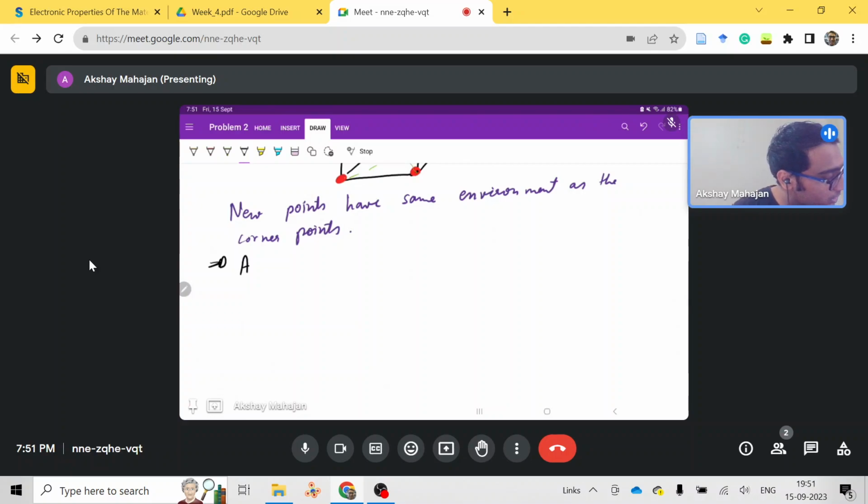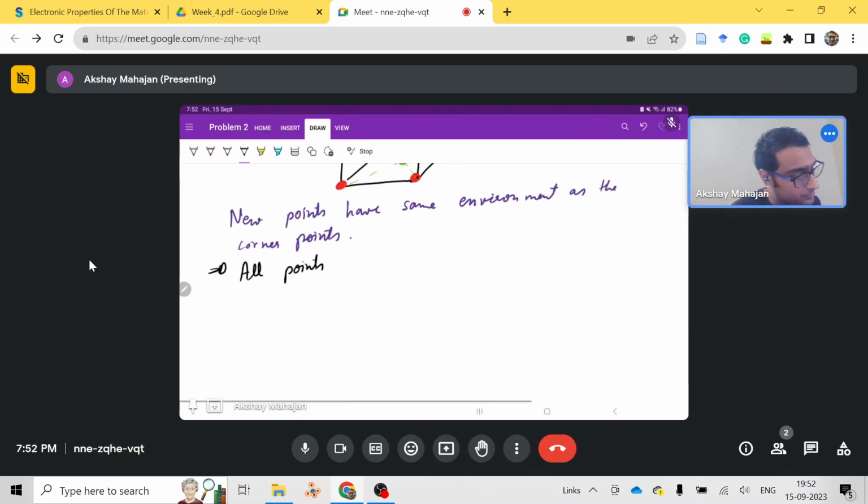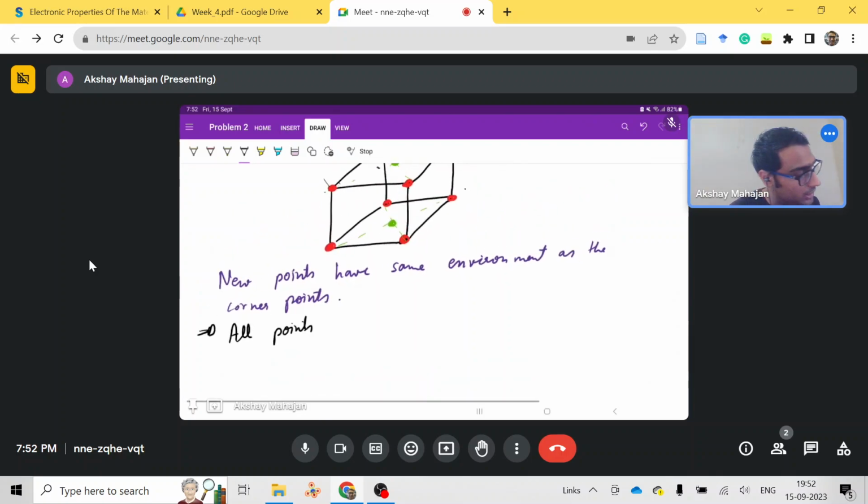So these points, or maybe just odd points, because I have marked them as green and red, but actually they are the same. They have the same environment and they are a part of the lattice.